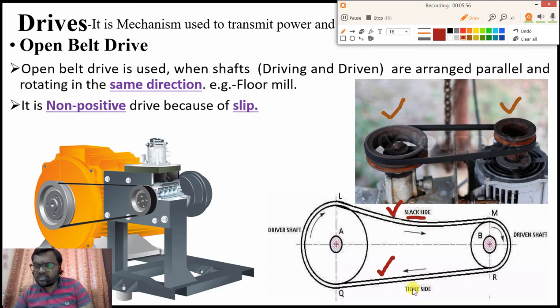The side on which belt is coming on the driver pulley is called as a tight side, because they are rotating in clockwise direction. Now you can see this side will come on the pulley when they are rotating. So this side is having always tight means it has a more tension. The belt which leaves the driver pulley, it always have a less tension, so it is called as slack side.